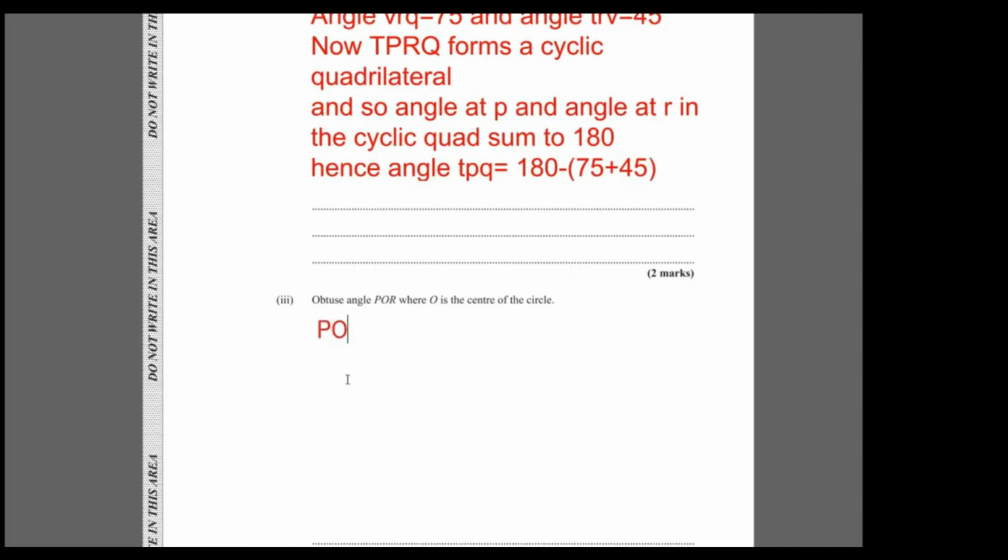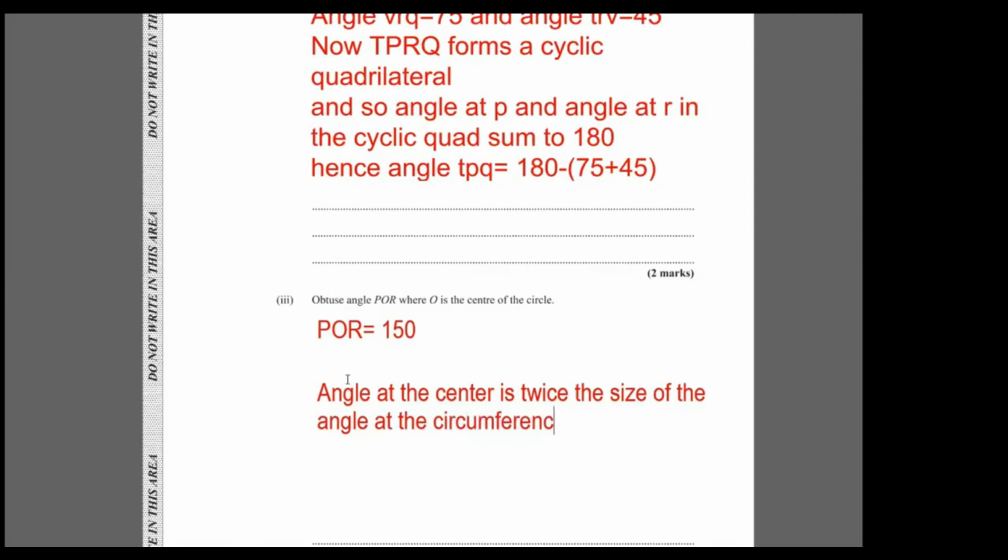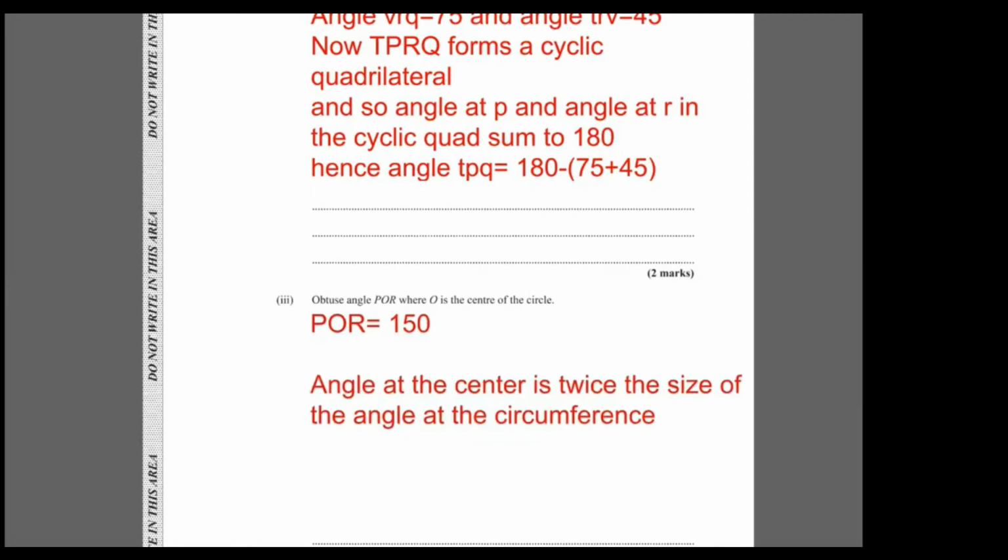So angle POR is equal to 150 degrees. And the reason is the angle at the center is twice the size of the angle at the circumference. All done.